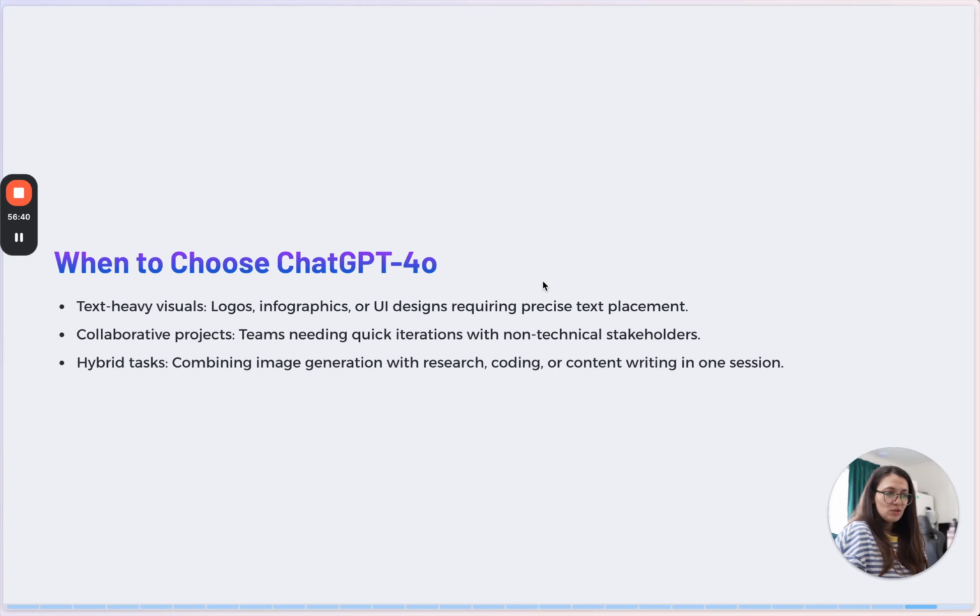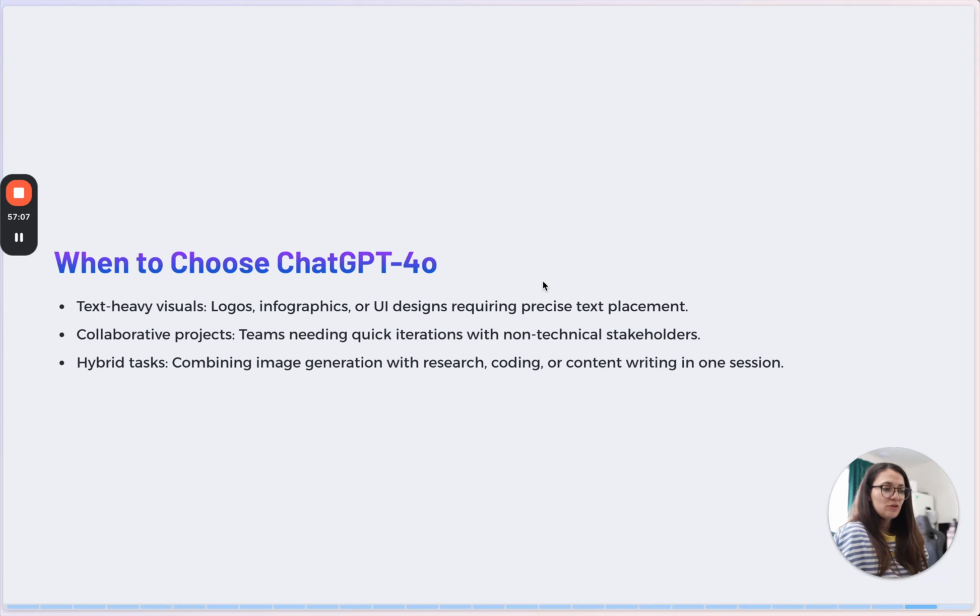Collaborative projects. If you need quick iterations on things, this is good. You can use the chat and the contextual learning of it to build one thing on top of another, just to churn out quick iterations.